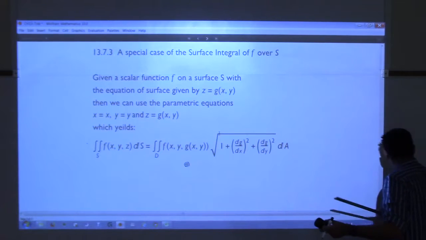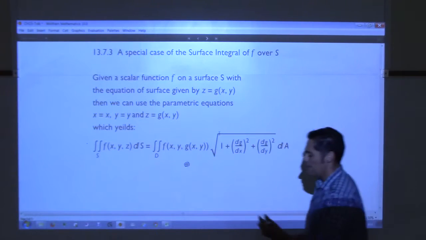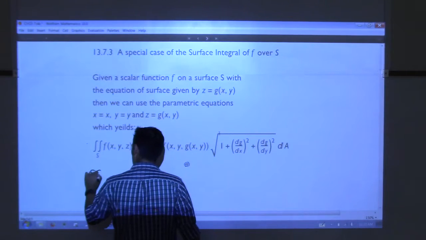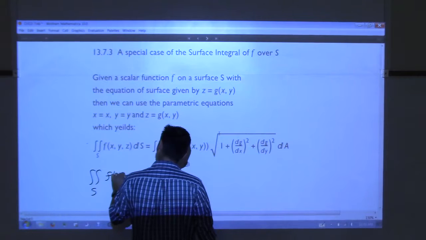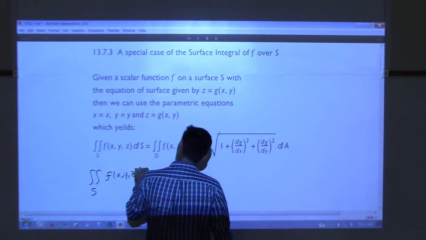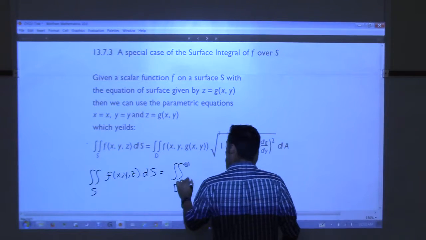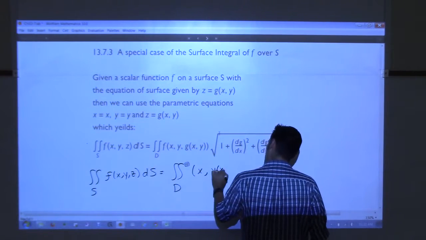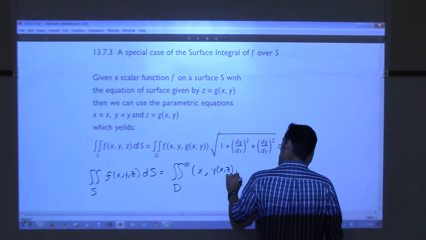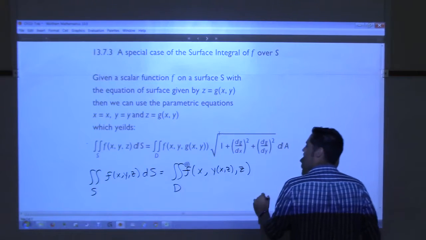Now, there are another 2 equivalent forms of this. Let me write it down first, and then you can tell me what's going on here. Oh, I forgot the F in front here.